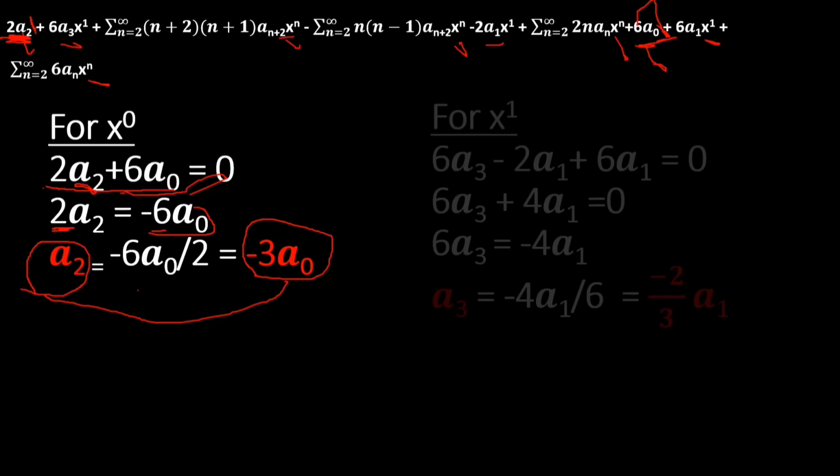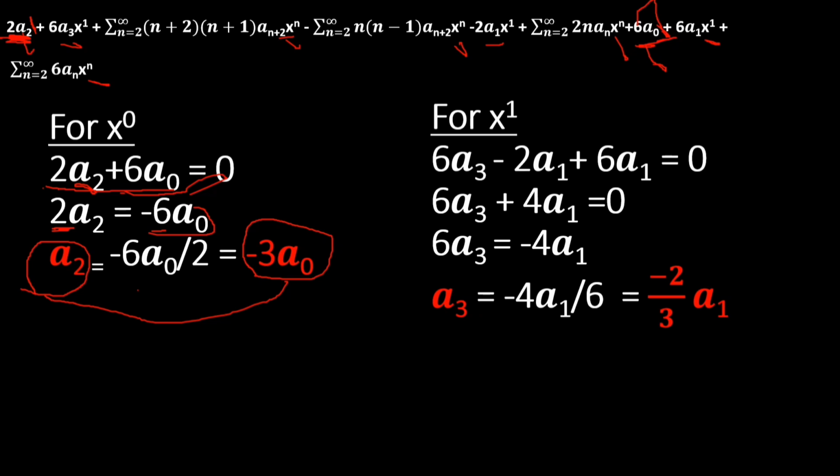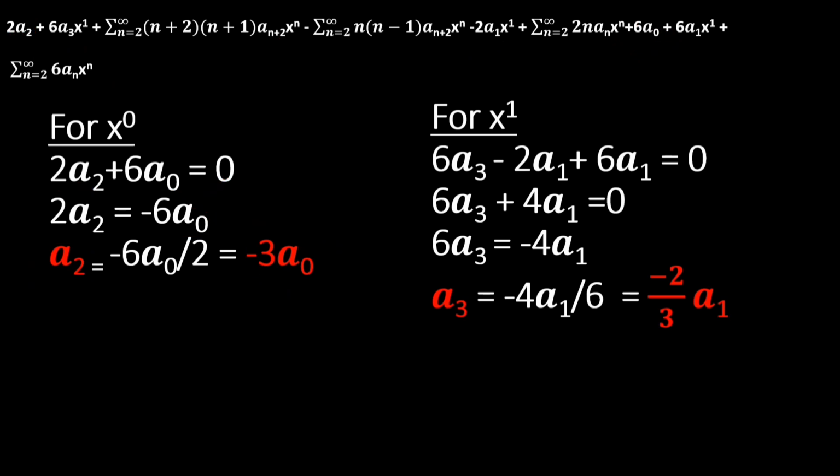So for x raised to the power of 1, those parts that have x to the power of 1, like this part, as I've said earlier, this aspect, and this aspect.